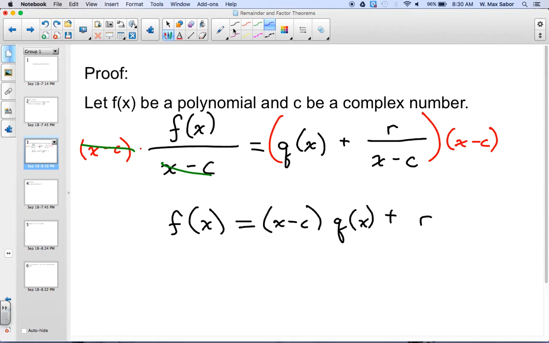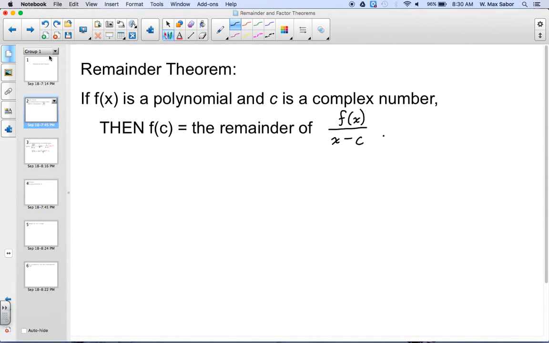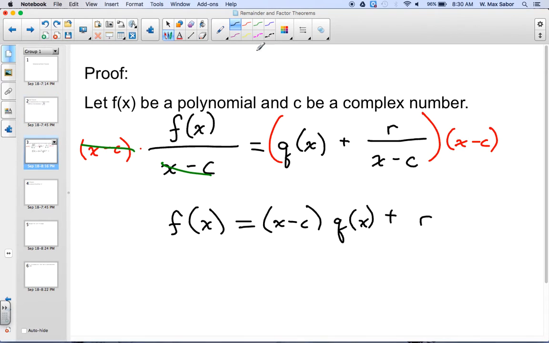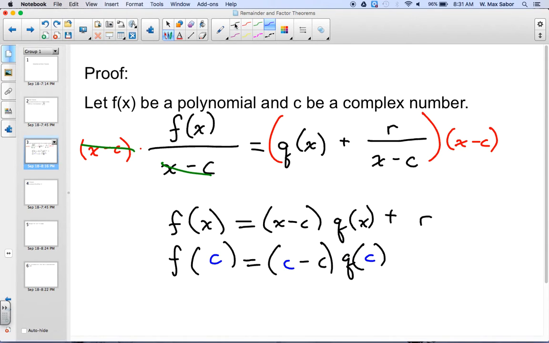Now, the claim was that f of c is a particular thing, that it's the remainder. Well, let's plug in c into this equation. We get f of c equals c minus itself times q of c plus r.